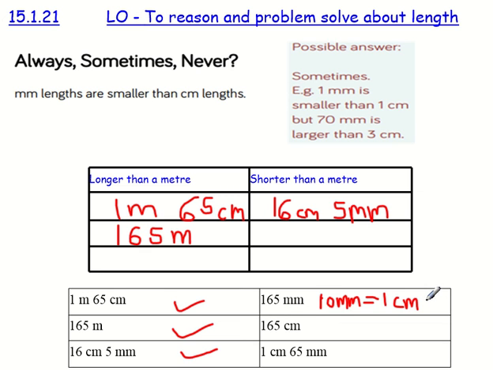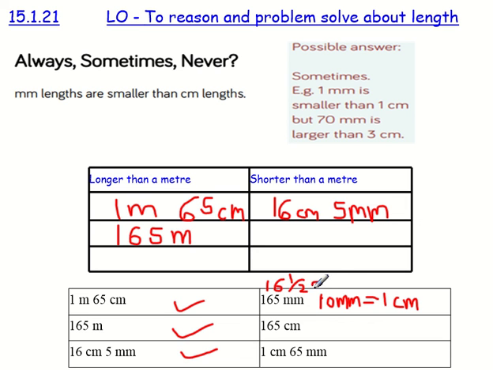So this works out at 16.5. So is 16.5 longer than a metre or shorter than a metre? We know a metre is 100, and this is only 16.5 centimetres.